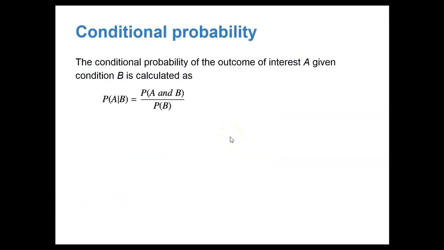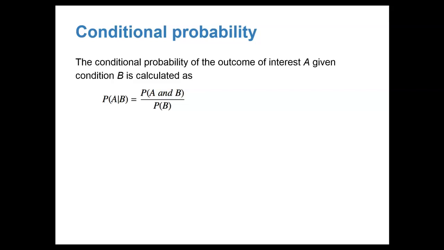Now that we've talked about how to find marginal probabilities and joint probabilities with a contingency table, let's use those 2 concepts to define a formula for finding what's called conditional probability. So the conditional probability of the outcome of interest event A given condition event B is calculated as follows. First, notice the notation on the left is conditional probability notation.